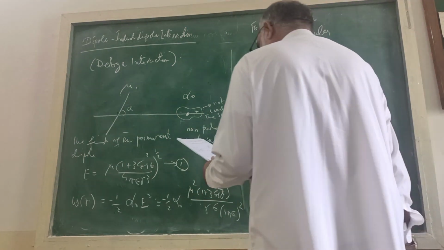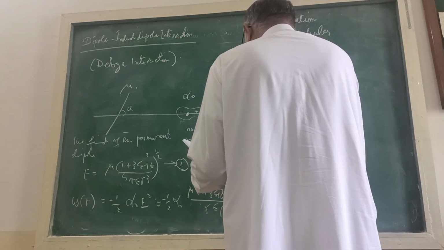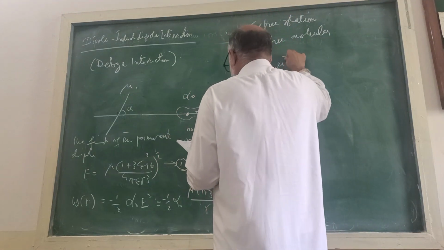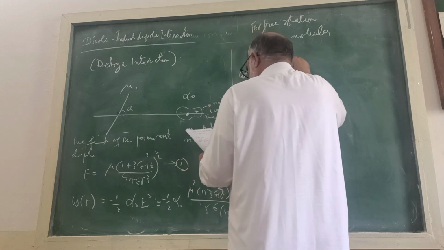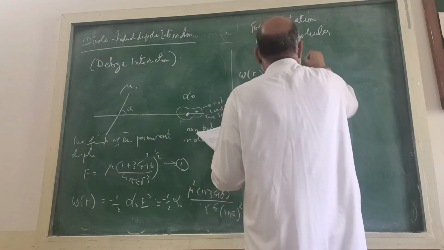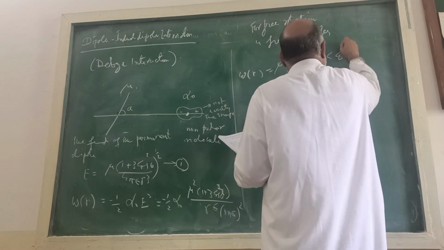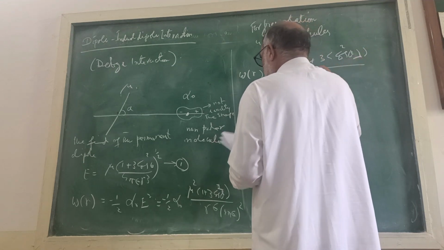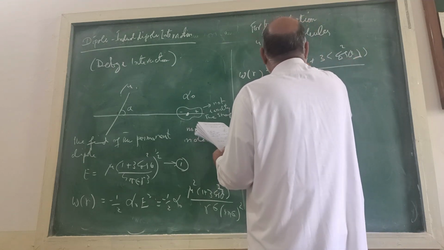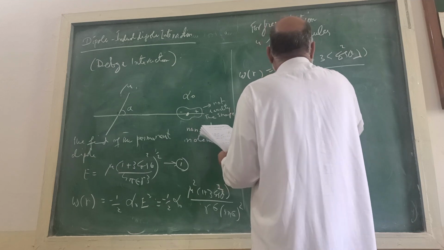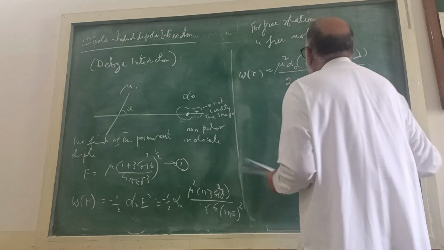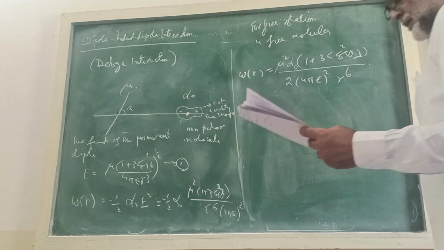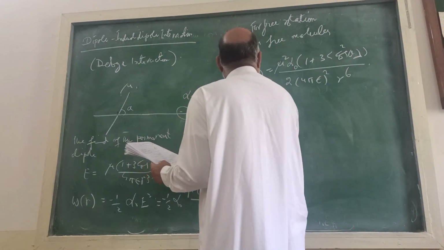When you take that, we can say W of r equals mu square alpha, 1 plus 3 times the average of cos square theta, divided by 2, 4 pi epsilon whole square r to the power 6, for a free molecule.